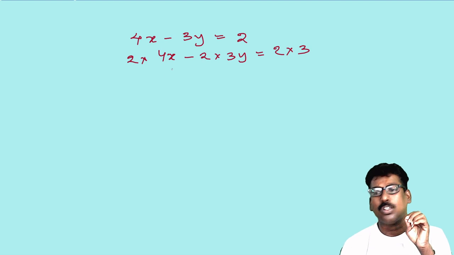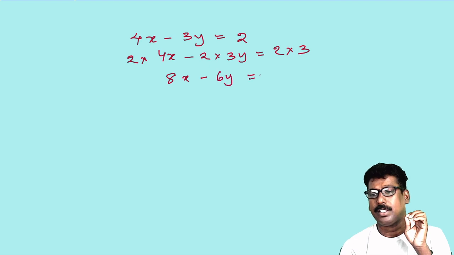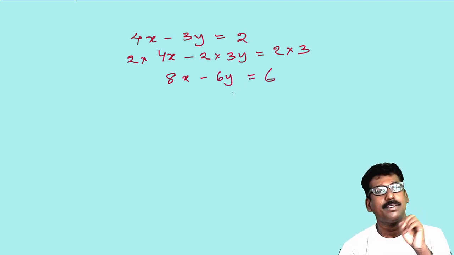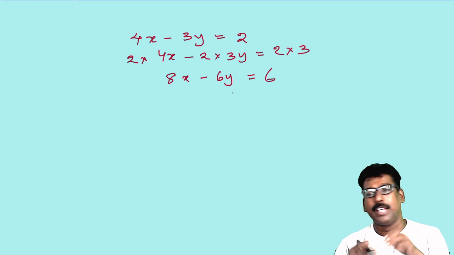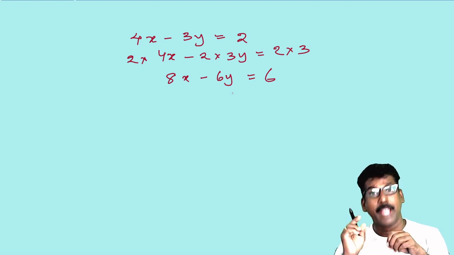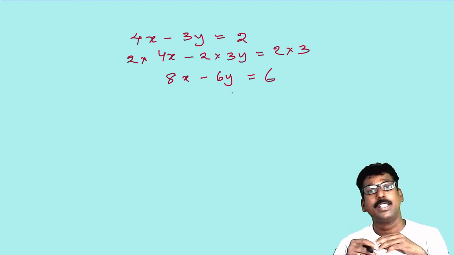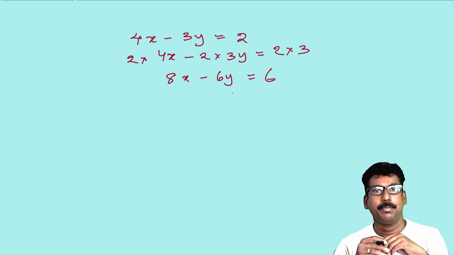That is 4x minus 3y is equal to 2 is same as 8x minus 6y is equal to 4. If each term of an equation is multiplied by the same number, the equation will remain same.